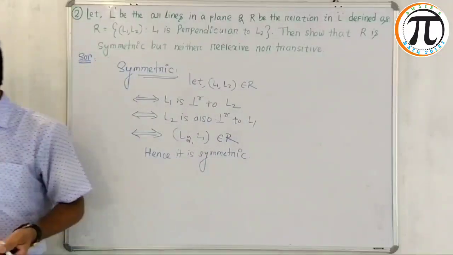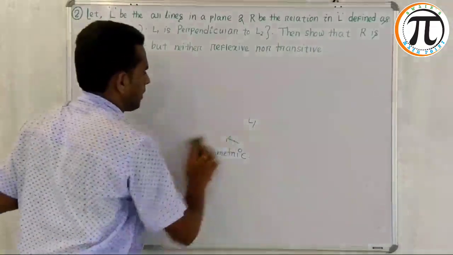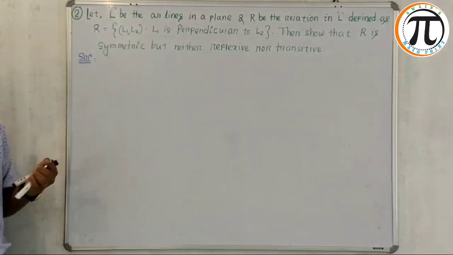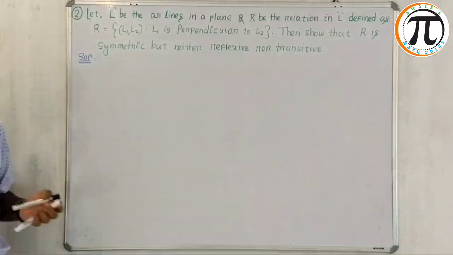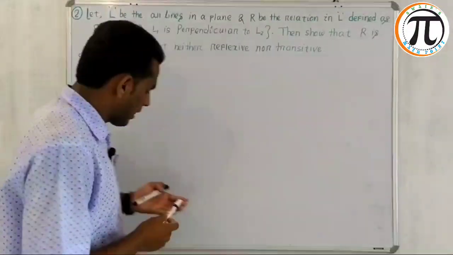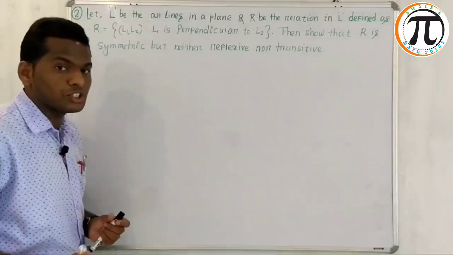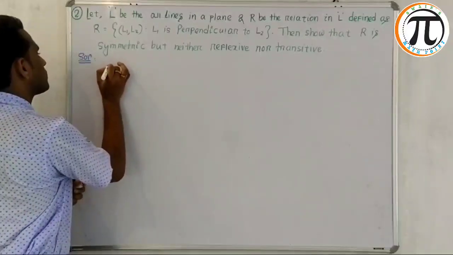So note it down. Coming to the next, transitive. For transitive we require three elements: (A, B) belongs to R, (B, C) belongs to R, that means (A, C) belongs to R. Here A is L1, B is L2, and you have to take another element C, which is L3.